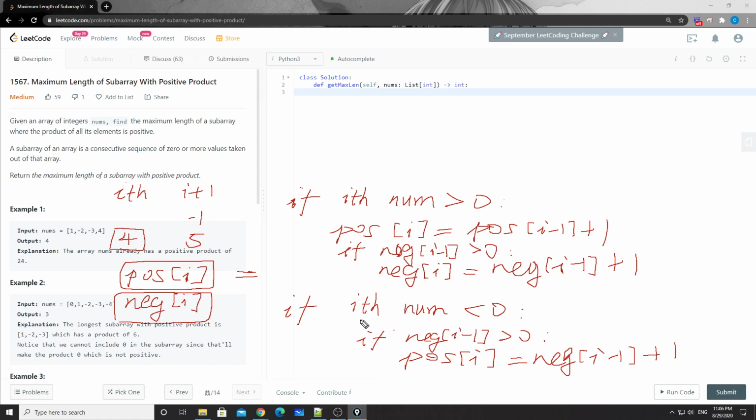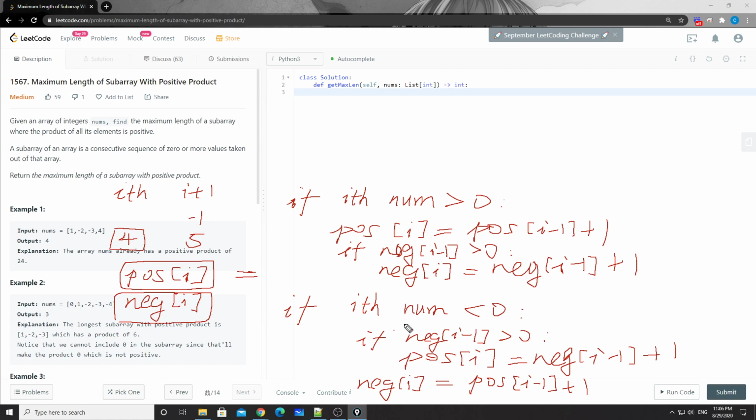But when it comes to a negative number here, we can just blindly update negative I equals to what? Equals to the positive I minus 1 plus 1, right?